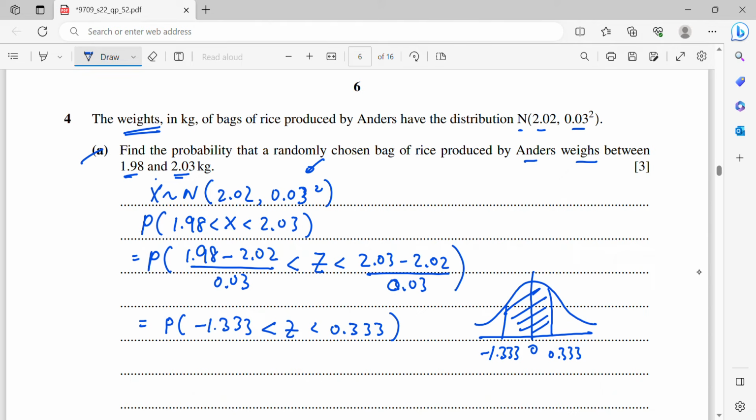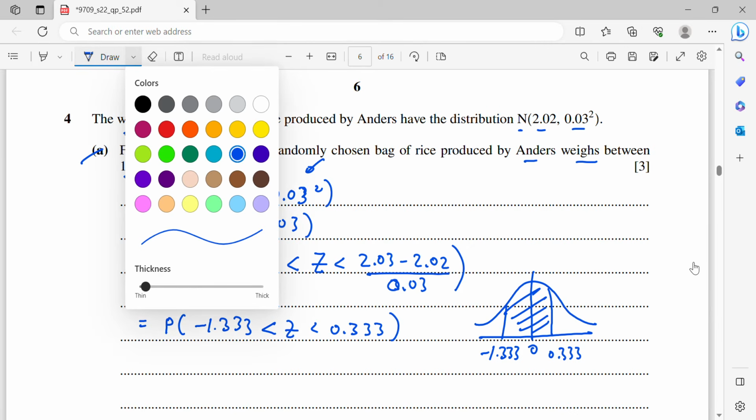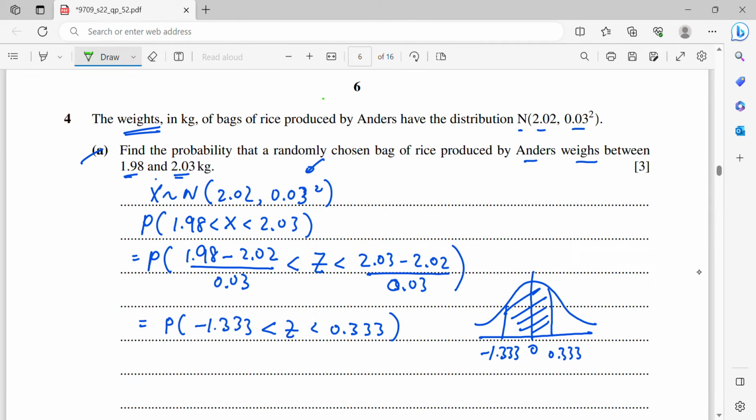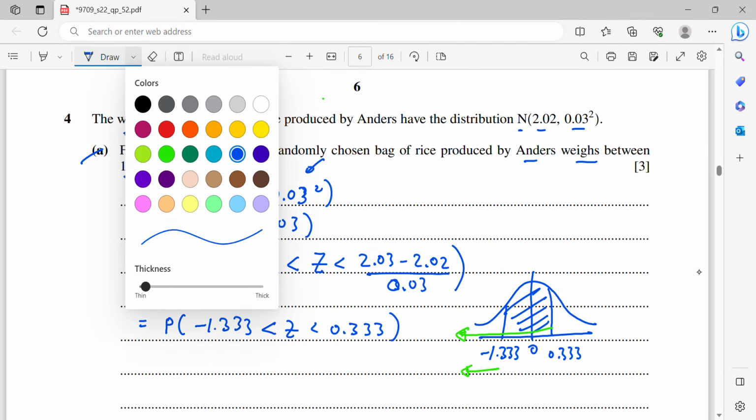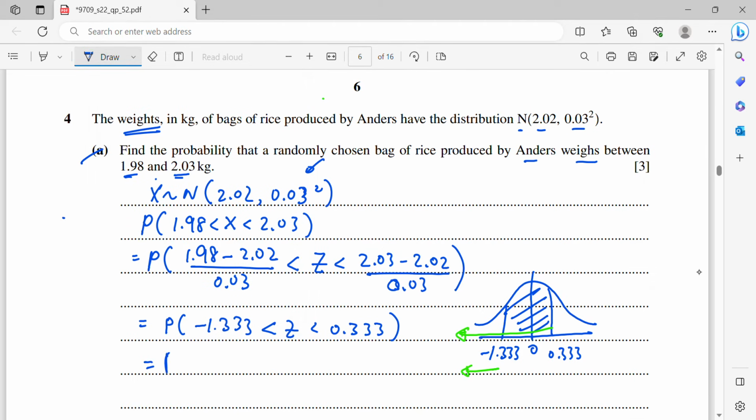Alright. Now, when you refer to the normal table, the region always goes towards the left hand side, and the line should be positive. So obviously, to use the table, I have to use P(Z less than 0.333) minus P(Z less than -1.333).